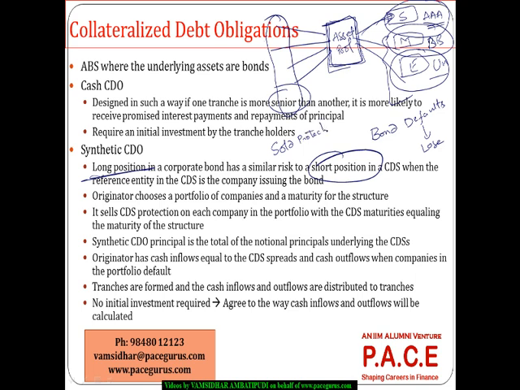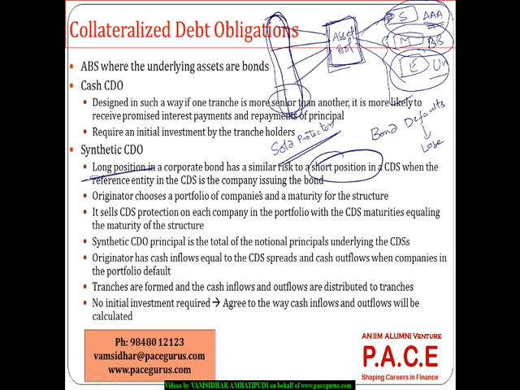There also, if the bond defaults, I am losing money. So there is an equivalence that is created. Purchasing the bond, a long position in the bond, is similar in terms of risk to a short position in the CDS. If it is the same bond we are talking of, a long position in a bond has a similar kind of risk as a short position in a CDS.